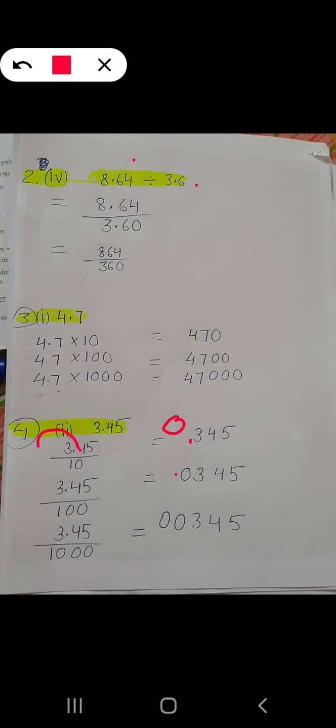And in the last one, the original decimal number is here. So move 3 digits: 1, 2, 3. So the final decimal point will be here. You can read the answer as 0.00345. Children, these are the ways, these are the methods.